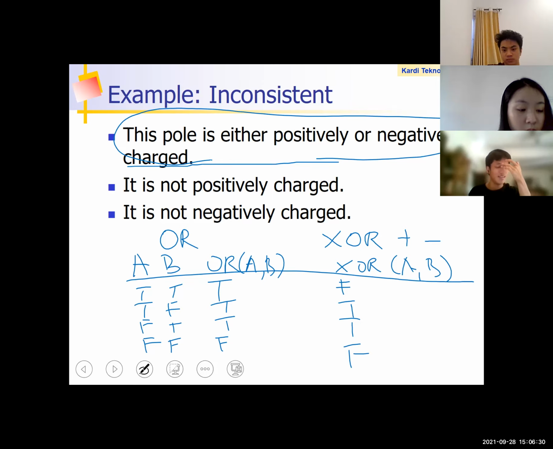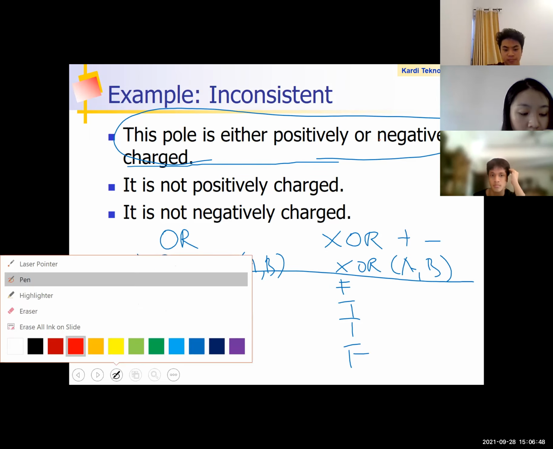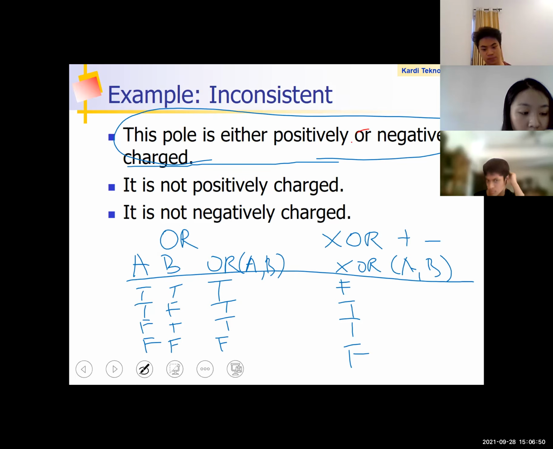Yeah. Okay. So what is the or and XOR? No, I'm asking what is the meaning of or in this sentence? So in this sentence you have or, right? So what is the meaning of this or?